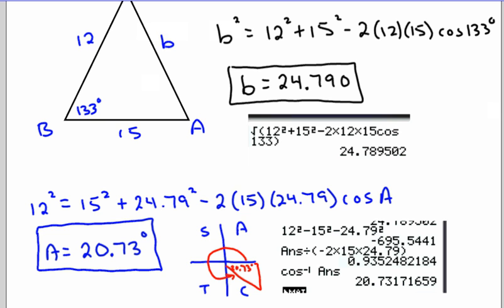Okay, now, you guys, let's see if we use the law of sines to find angle A. Once we found side B, we had an angle side pair. We had 24.79 and the sine of 133.